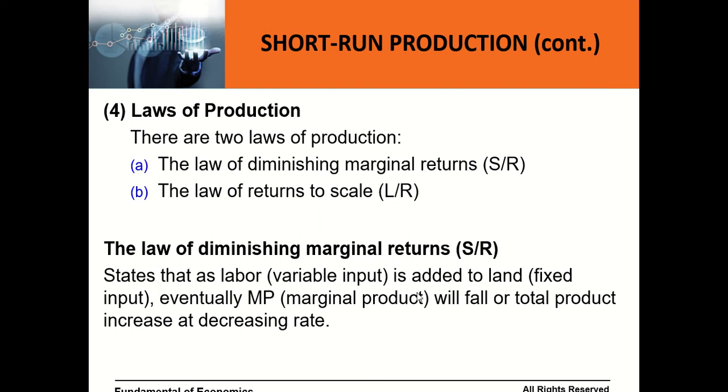What does it mean by that? As we add one variable input on one fixed input, the total output that you can produce, which is the Q just now, will increase, but it increases with decreasing rate, meaning that it increases, but the increase is getting slower and slower. So that's what we call law of diminishing marginal return.